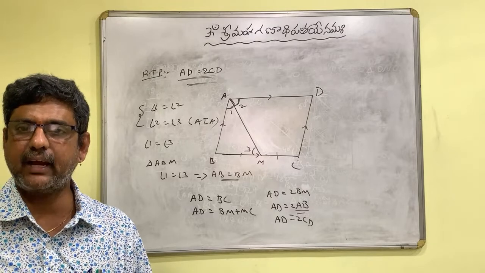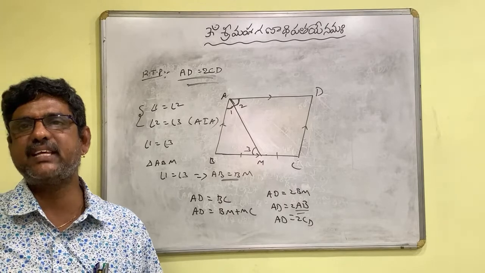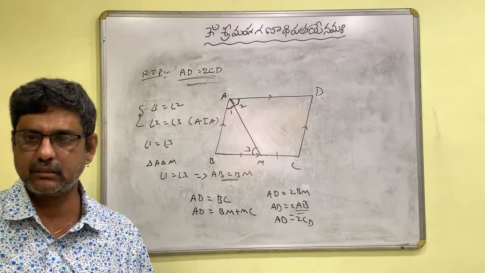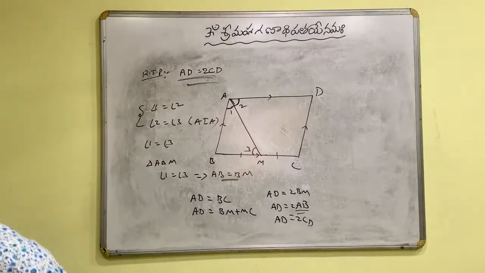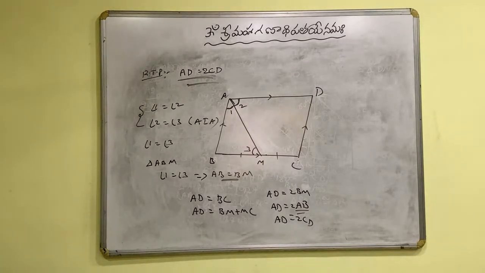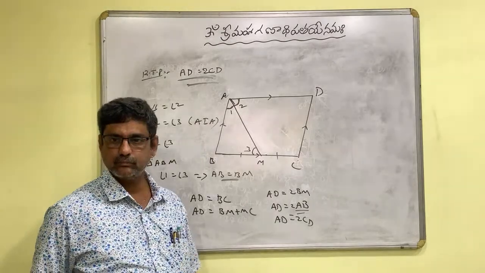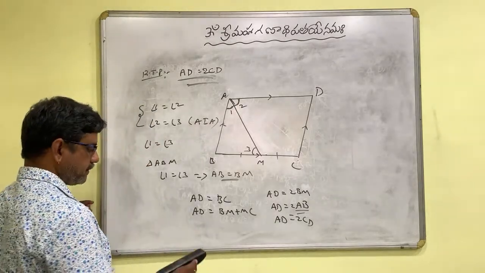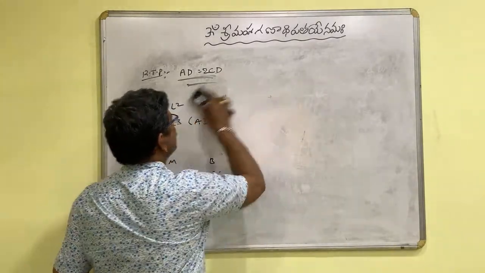So 2BM we can write as 2AB. But AB is equal to DC, opposite sides. So AD is equal to 2CD. Okay? Next question.